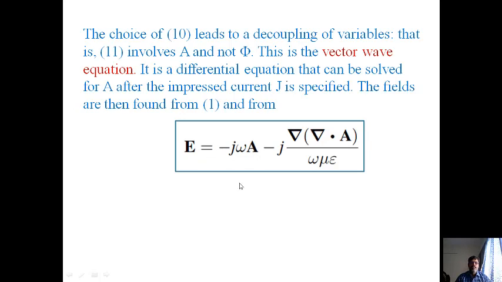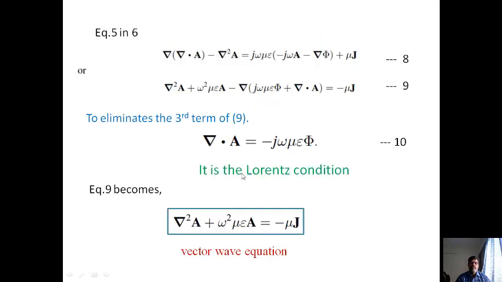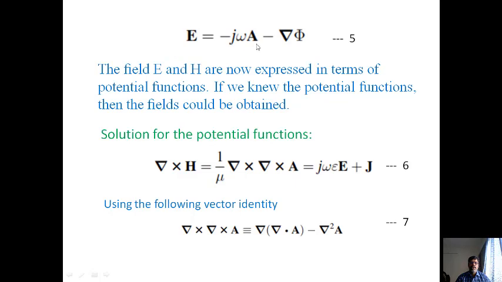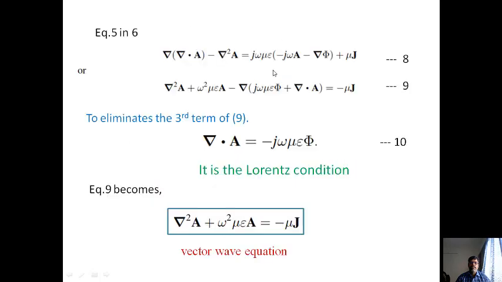Now, the E can be computed by, you see, E is minus j omega A minus del pi. So, from the 10th equation, you take the gradient on both sides: del of del dot A equals, this is a constant, times del pi.